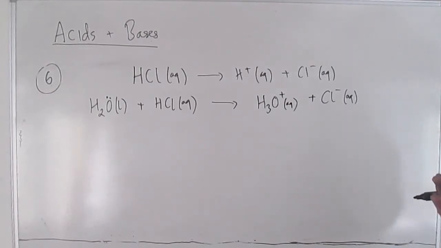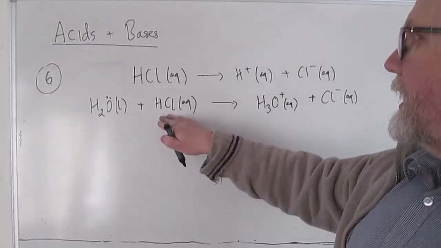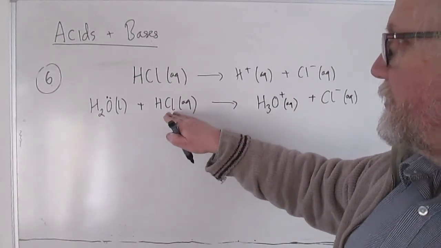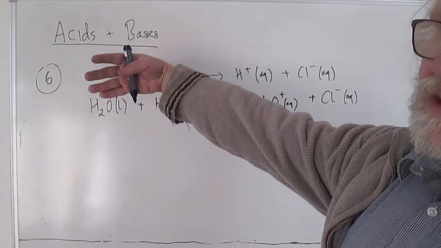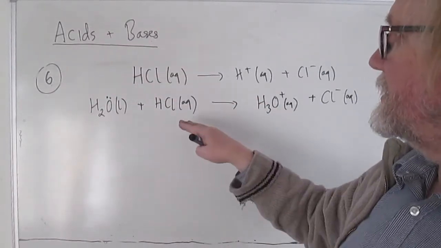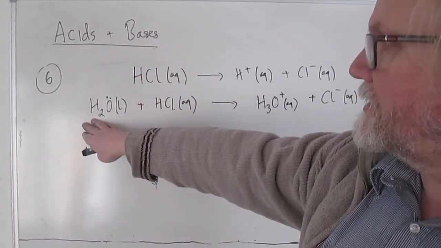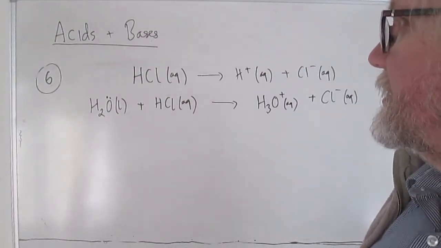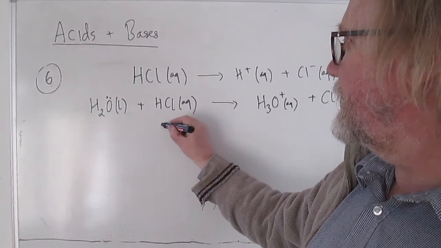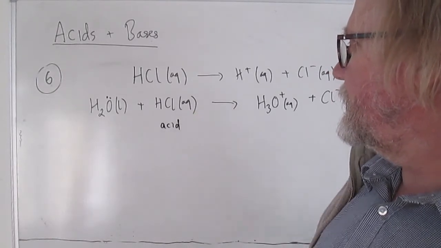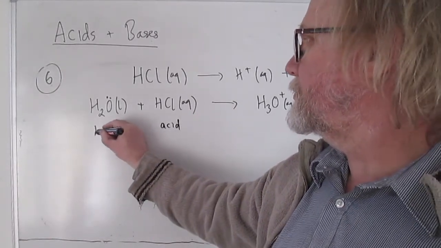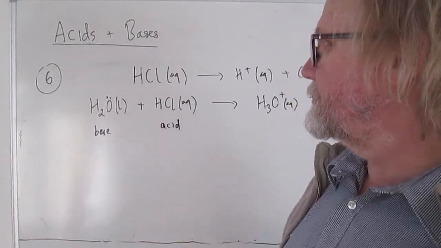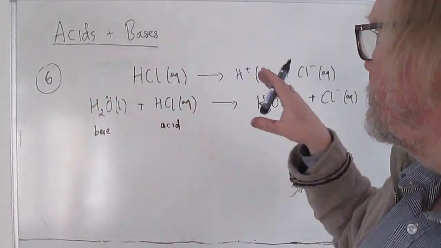So that's taking a more Bronsted-Lowry approach by saying that HCl is a proton donor, it donates a proton, and if it's going to donate it, something has to accept it, and the proton acceptor, the thing that's doing the accepting, is the water. So this is an acid in the Bronsted-Lowry sense, but water is here acting as a base in the Bronsted-Lowry sense because it accepts a proton.